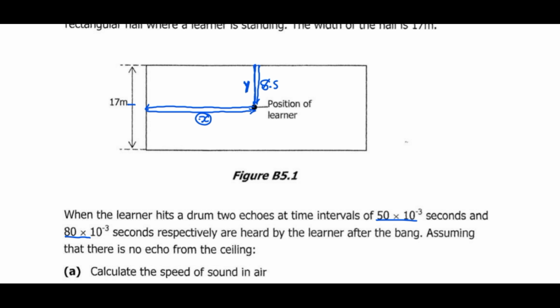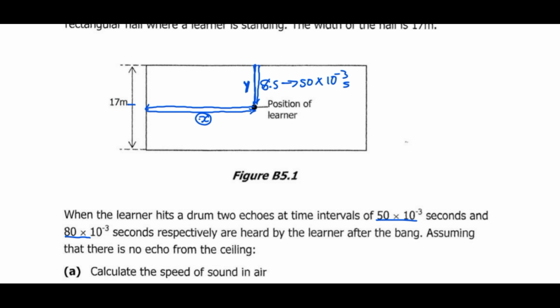So the first echo to be heard by this person was in this y direction, because we can see that the distance is smaller. So we look at the time. So we can see that 80 times 10 to the power negative 3 is greater than 50 times 10 to the power negative 3. So this means that it takes 50 times 10 to the power negative 3 to move in this direction. So this is the time for this. So it's 50 times 10 to the power negative 3 seconds.